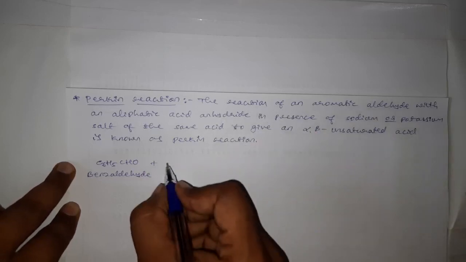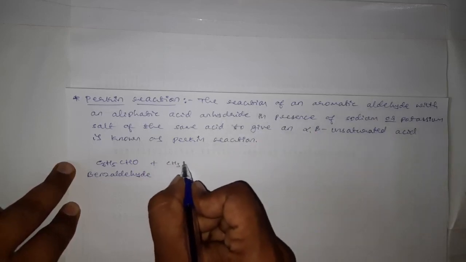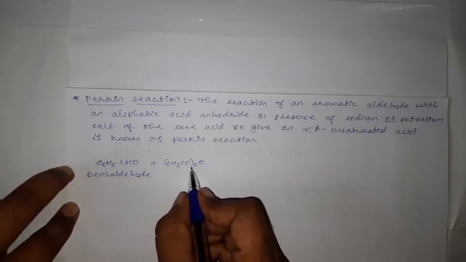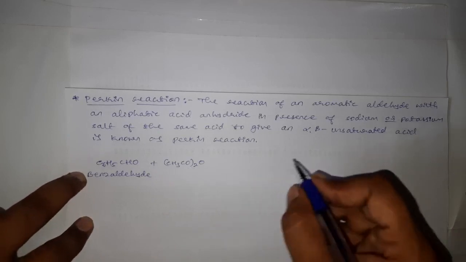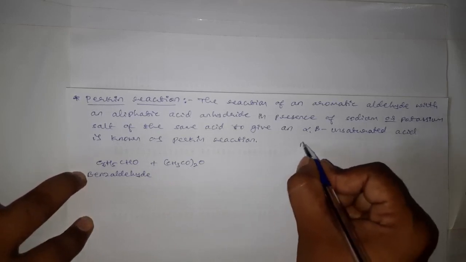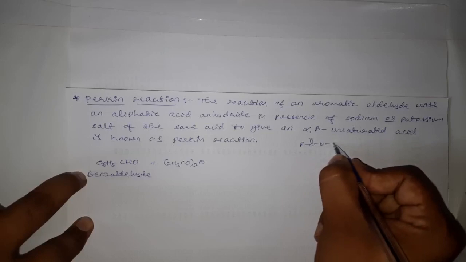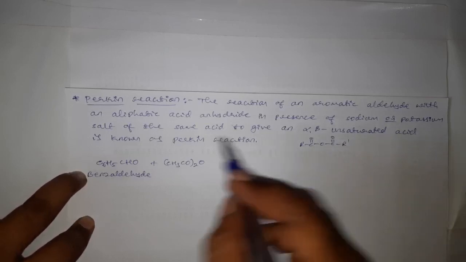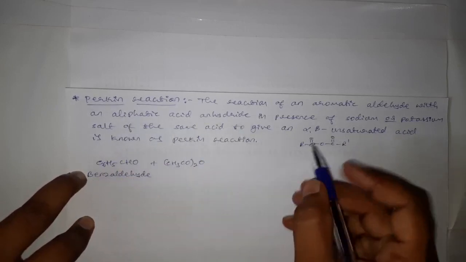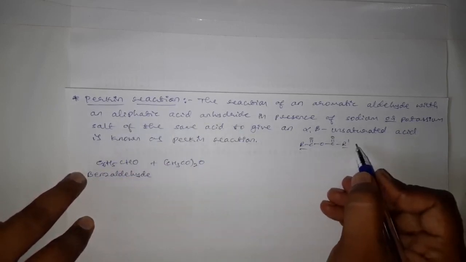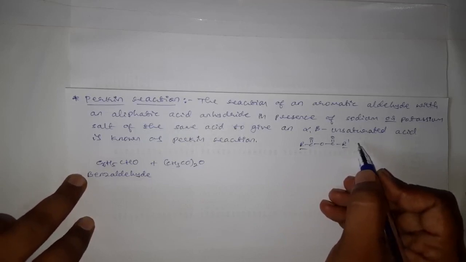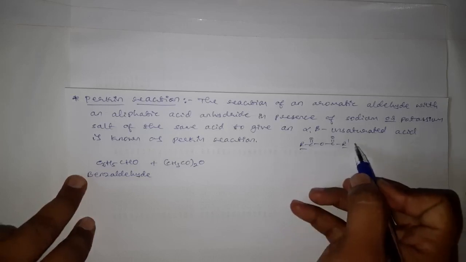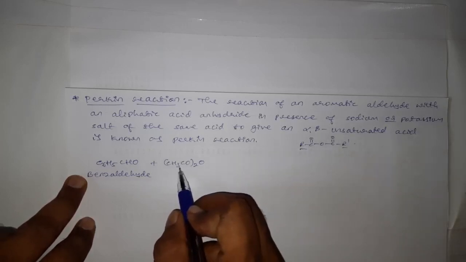The general formula for acid anhydrides is R-C=O, O, C=O-R'. Here, as they are asking aliphatic acid anhydride, R and R' should be aliphatic, meaning methyl, ethyl, propyl, butyl, pentyl, etc. Here I am taking both R and R' as the same, that is CH3, methyl.